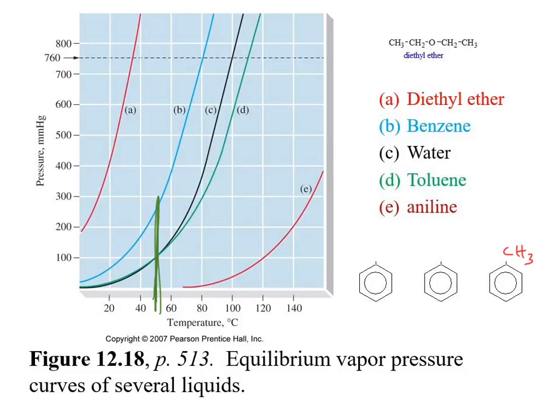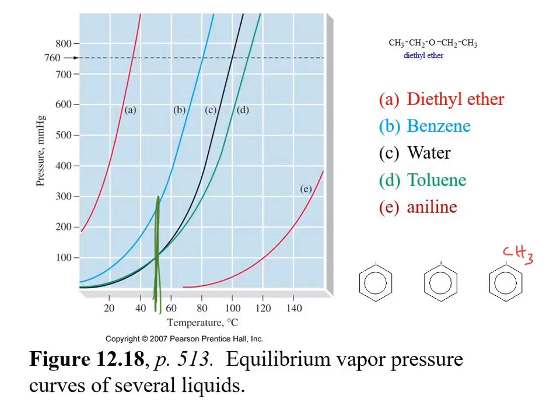It has an OH. That explains why toluene behaves like water. What he's saying is, if you look at the green line, it's got the hydroxyl group, and notice that the green line is significantly different than the blue line, which is benzene, because of the hydroxyl group. That explains why it behaves differently.